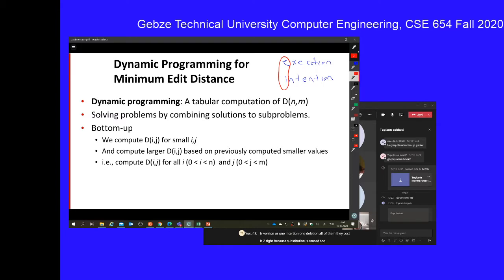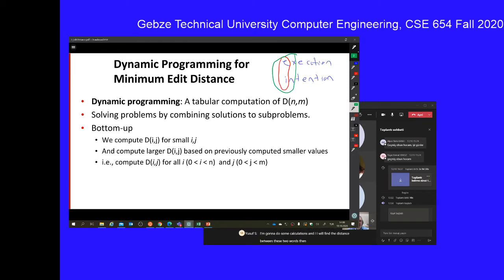After I calculate the distance between E and I, then using those values, I will calculate the distance between these two words, EX and IN. I know the distance between E and I. On top of it, I am gonna do some calculations and I will find the distance between these two words.